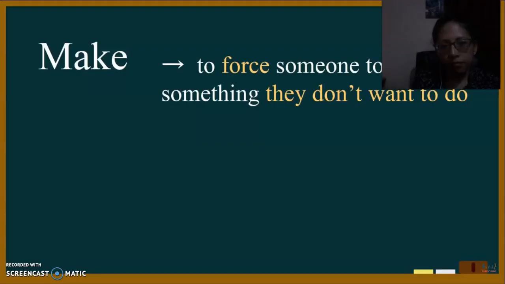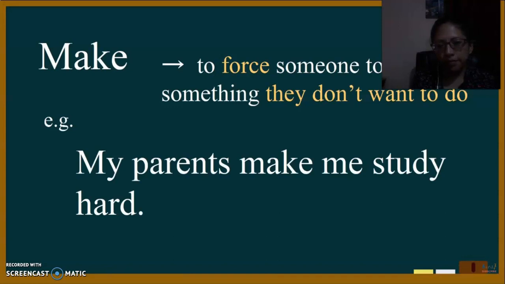Today we will talk about the difference between make and let. Let's look at the usage of these verbs. Make means to force someone to do something they don't want to do. Example: my parents make me study hard.